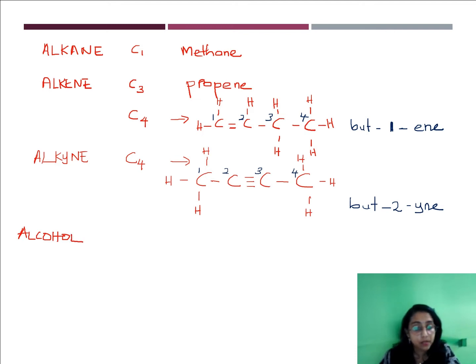For alcohol, starting from carbon 3, let's say I draw the structure for carbon 3. I have 3 carbons in line, linking each carbon with a single bond, and I have to place the functional group OH. Let's say I put it up here, OH, and the rest will be filled in with hydrogens.